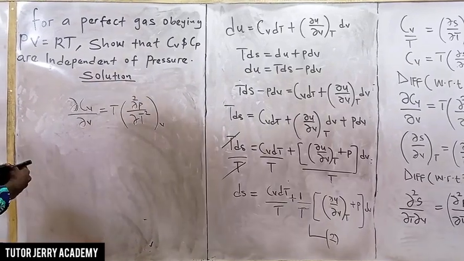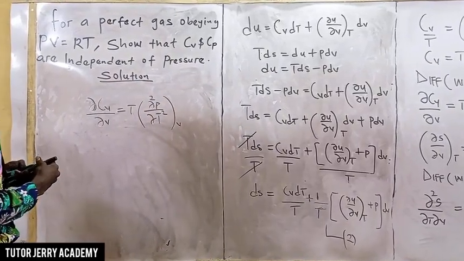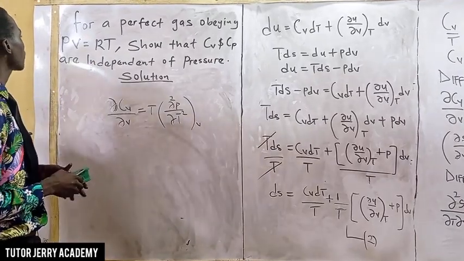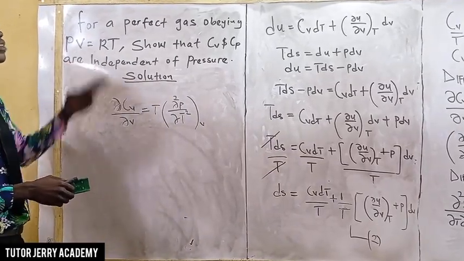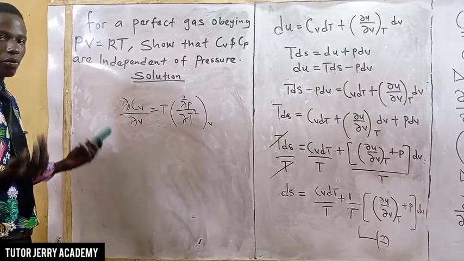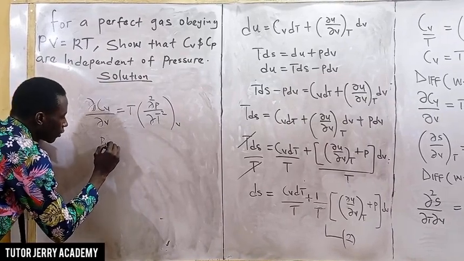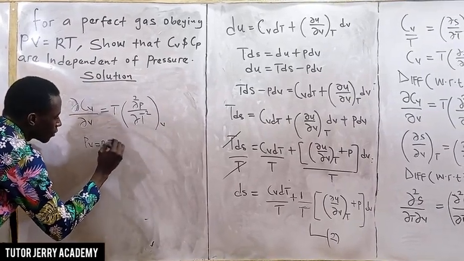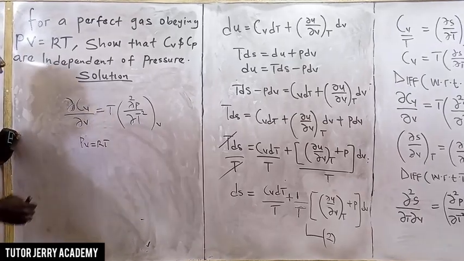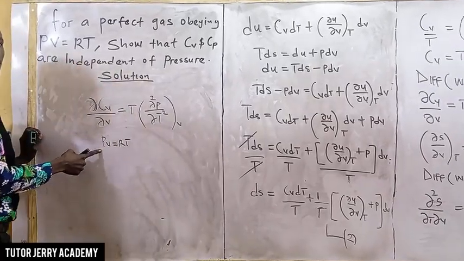So we know that for an ideal gas, or for a perfect gas rather, we are told that PV is equal to RT from our question. So if PV is equal to RT, we can make P the subject of this relation.